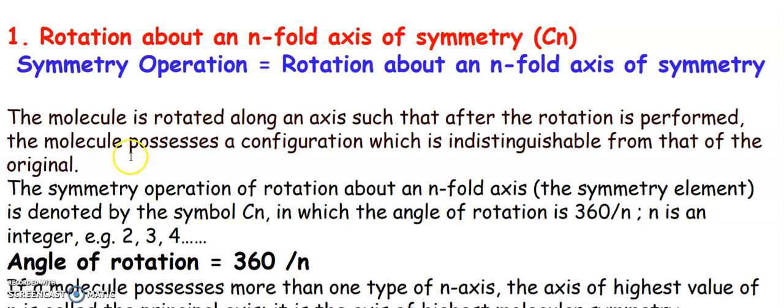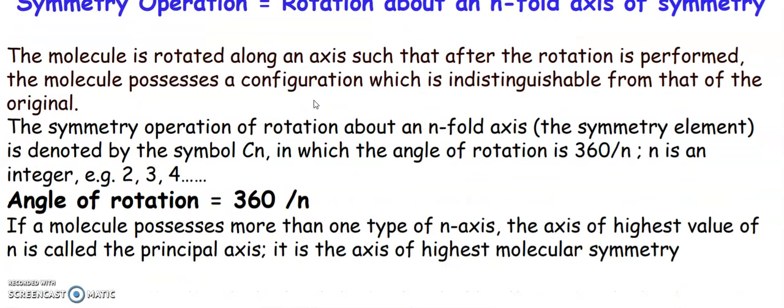Now, rotation about an n-fold axis of symmetry. It is represented by Cn, capital C, small n. The symmetry operation is rotation about an n-fold axis of symmetry. The molecule is rotated along an axis such that after the rotation is performed, the molecule possesses a configuration which is indistinguishable from that of the original.